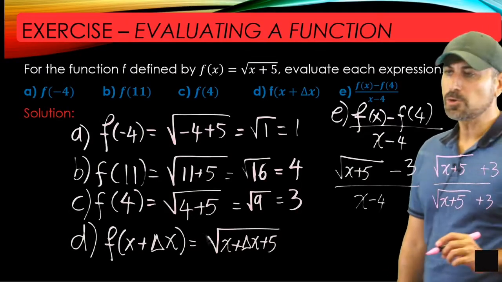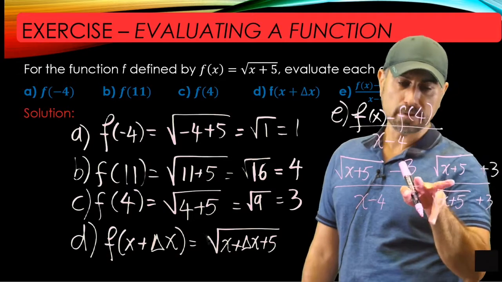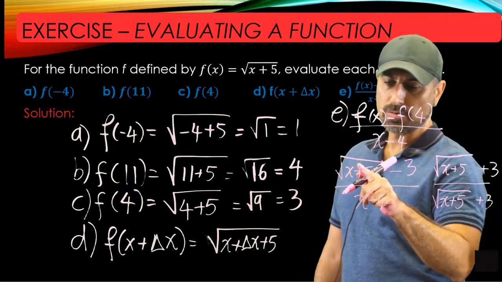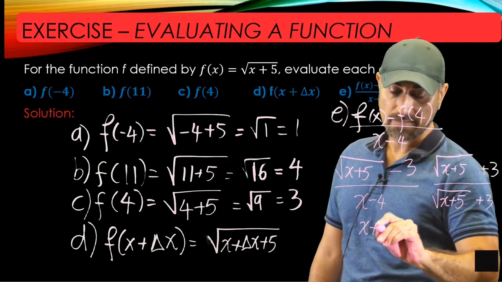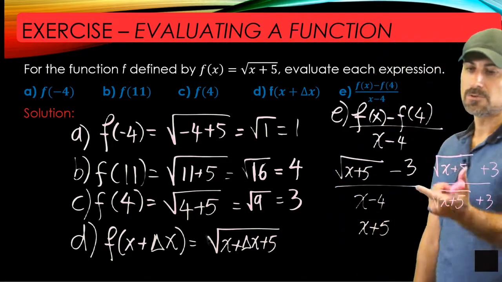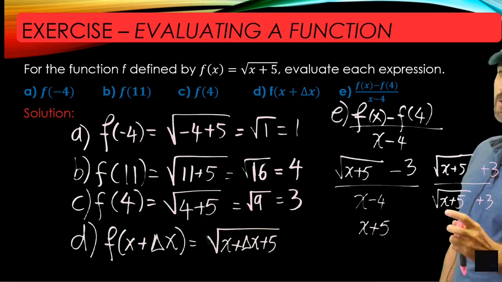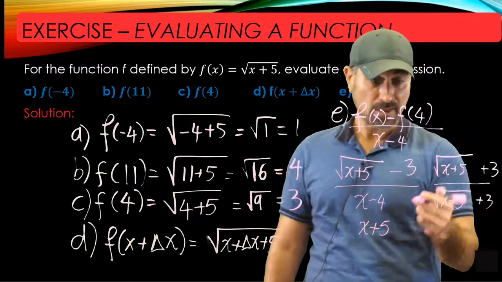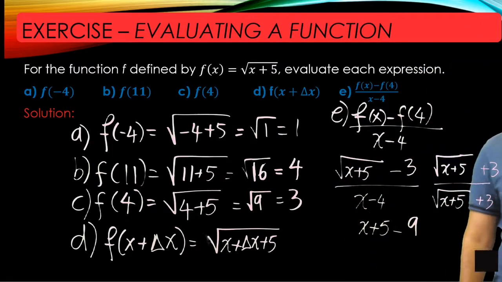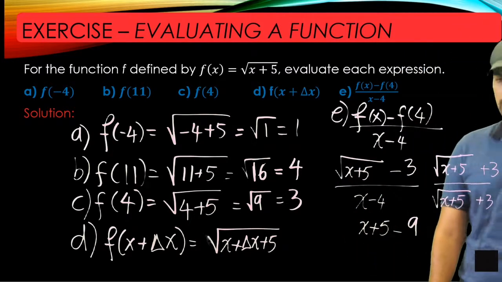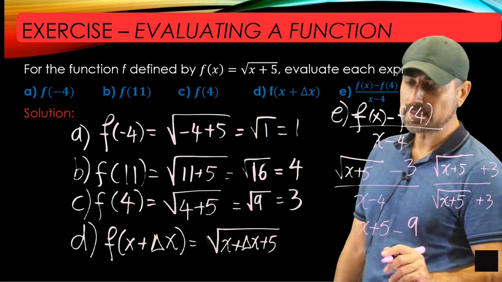When you do the multiplication of the numerators, root x plus 5 times root x plus 5 gives you x plus 5, the square of this term. And then minus the square of 3, that's 9. So the product of the numerators would be x plus 5 minus 9.